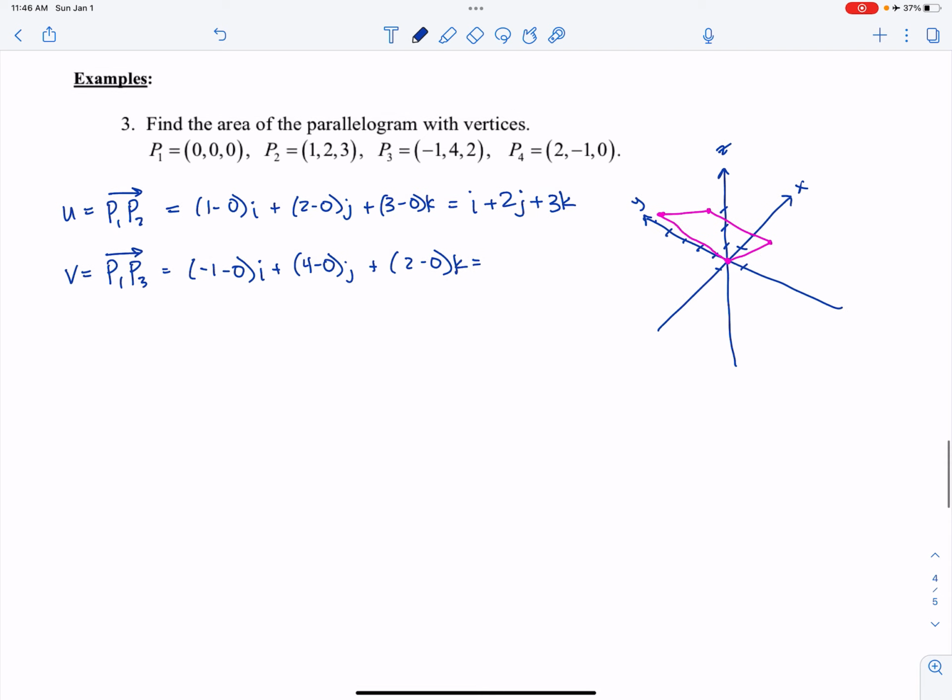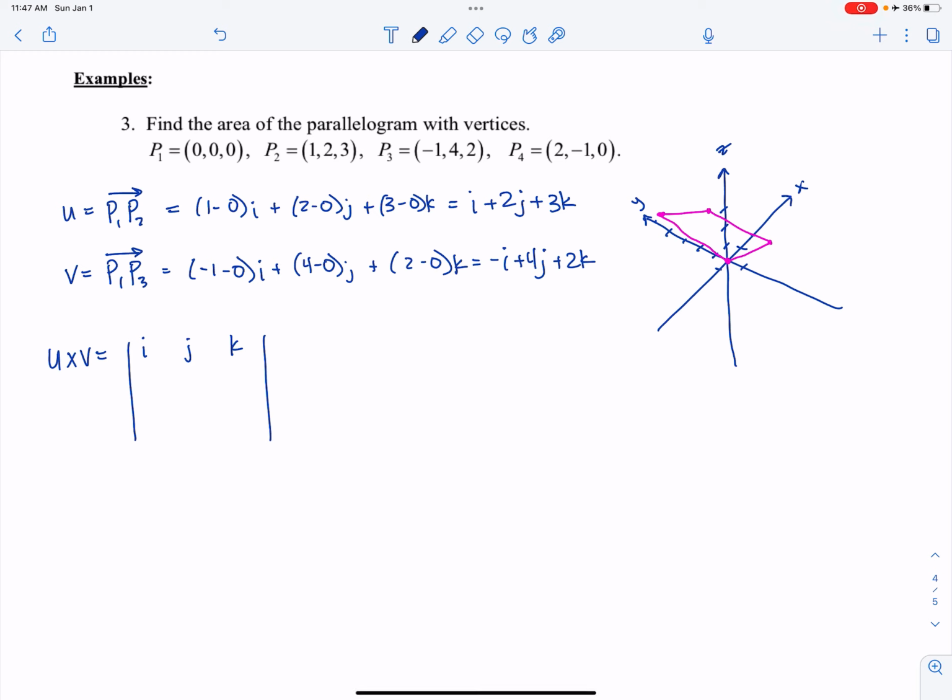So this would be -i plus 4j plus 2k. So we have these two vectors, u and v, and if we find u cross v, we would find i, j, k.